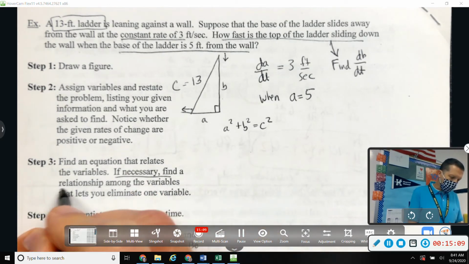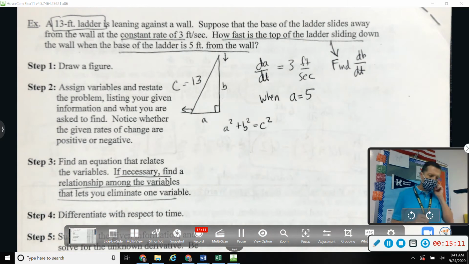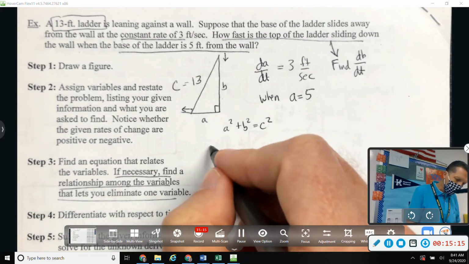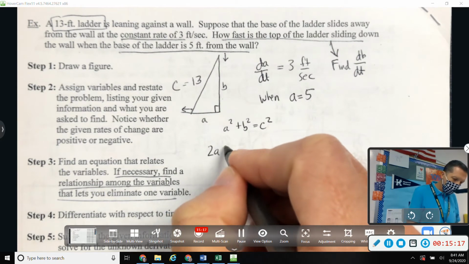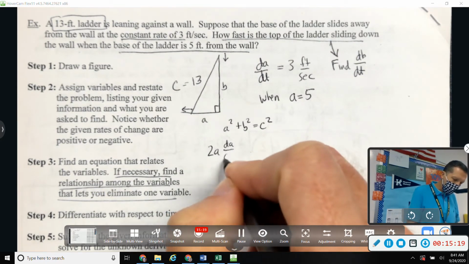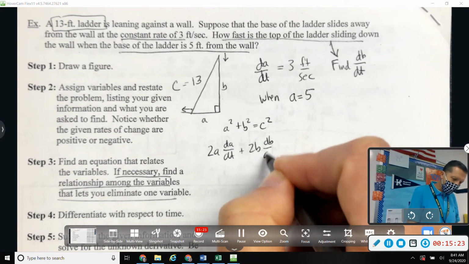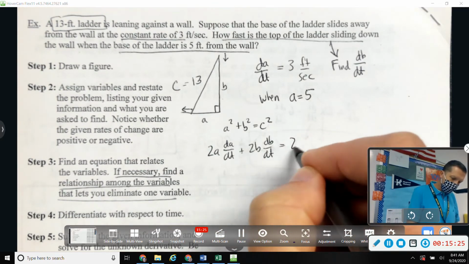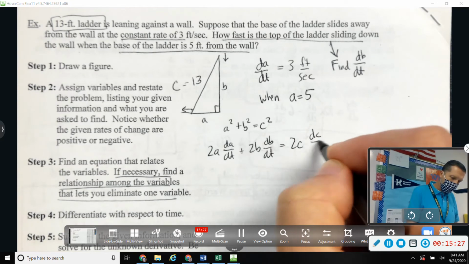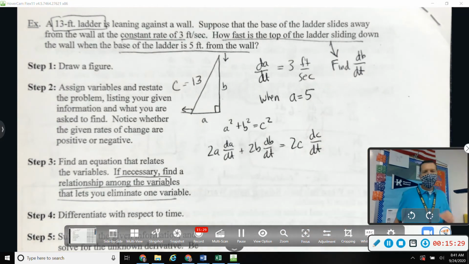We'll talk about that in a minute. We don't need to do that just yet. Differentiate with respect to time. We did this one before. 2a dA/dt plus 2b dB/dt equals 2c dC/dt.